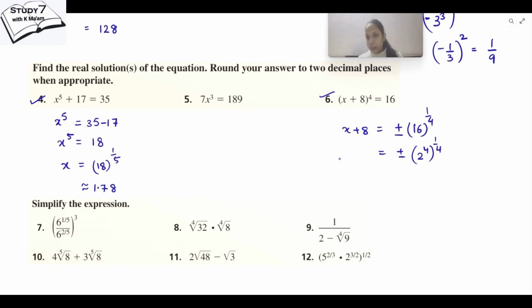This 4 and this 4 cancel, so plus minus 2 left. X plus 8. Subtract 8 on both sides. So plus minus 2 minus 8. 2 minus 8 is negative 6. Minus 2 minus 8 is minus 10. These are the two possible answers. Okay?